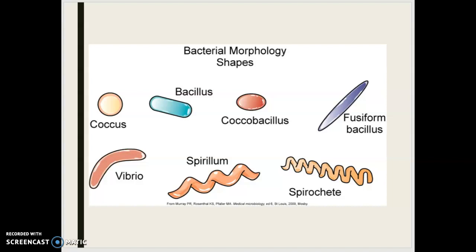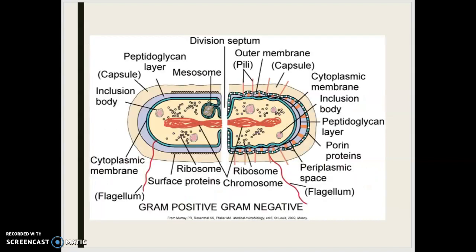When we look at these structures, we also look at them in terms of whether they are gram-positive or gram-negative. You may have already done this in your Bio 8 class, or you may not have gotten there yet, but the reason that we care about gram-positive or gram-negative status is that it is an indication of how the organism is built.